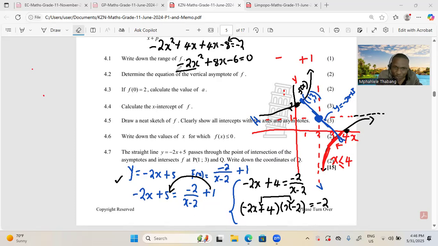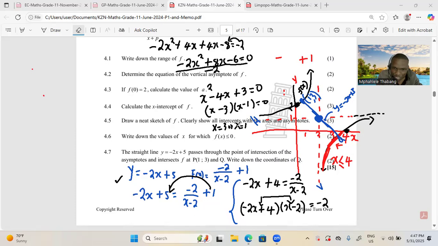Let's divide throughout by negative 2. You've got x squared minus 4x plus 3 equals 0. Then you factorize: (x minus 3)(x minus 1). So x equals 3 or x equals 1.